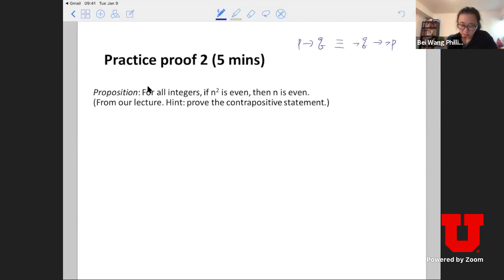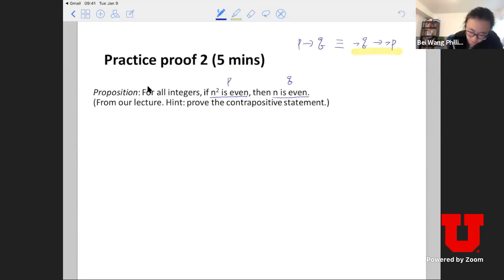So if we're going to look at this statement, the first thing to do is to look at what is the original statement. The statement P is n squared is even. The statement Q is n is even. Then what is my not Q implies not P?